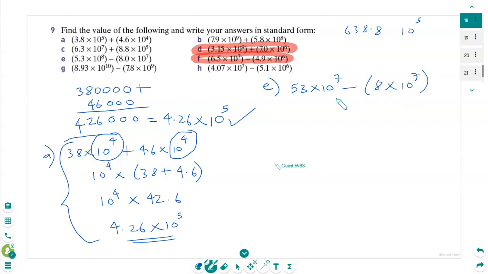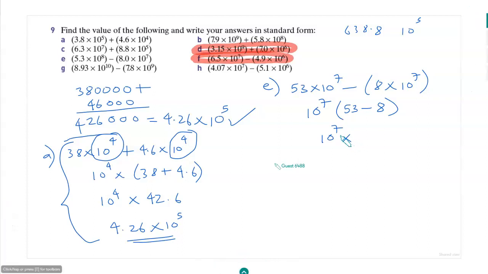Equals 10 power of 7 bracket 53 minus 8, then 10 power of 7 times 45. So then 4.5 times 10 power of 8. Oh, very good.